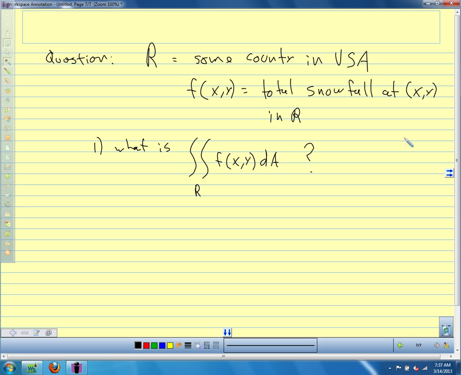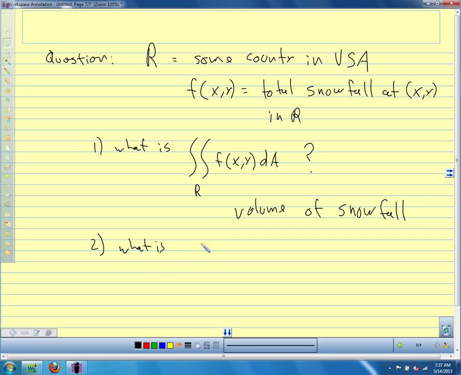I guess the volume of the snow would be the most accurate way to say it. So you'd say on this county 6 inches of snow fell, so you'd have the volume of the snow. So this would be the volume. Don't you think that would be a better measure of the total snowfall, the volume of the snow? Maybe they use it in cubic feet. Yeah, that would be good.